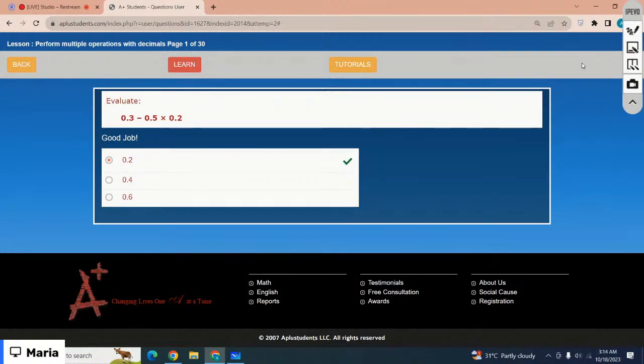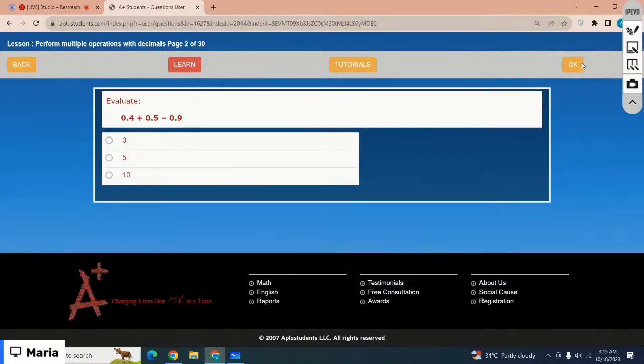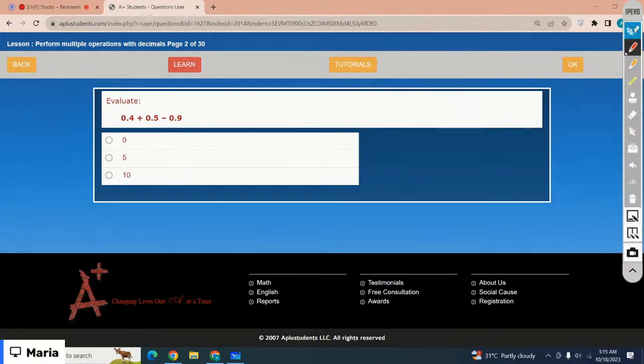Okay, the next one is you have add and subtract, right? So go from left to right. The operation which is first when going from left to right, do first, right? So the first one is addition, right? So simply add 0.4 plus 0.45, that is 0.9. Then you have to subtract 0.9 take away 0.9.